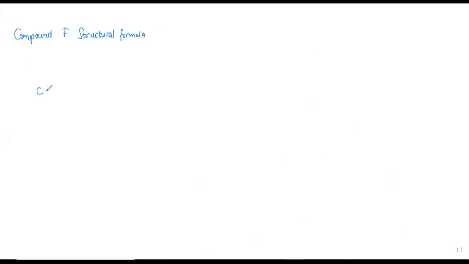So we had 1, 2, 3, 4, 5, 1, 2, 5, 6, 1, 2, 5, 7 carbons with an H. Every carbon, all these carbons over here were attached to hydrogen atoms.